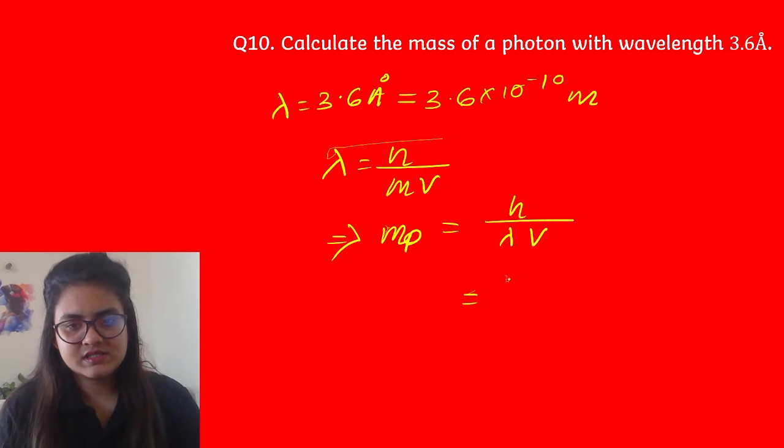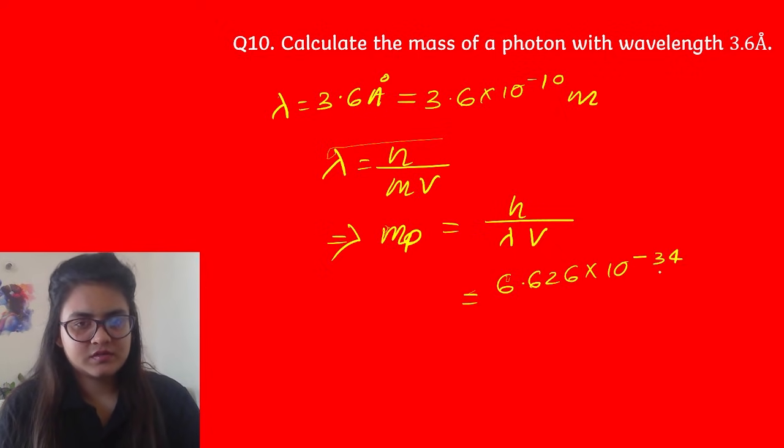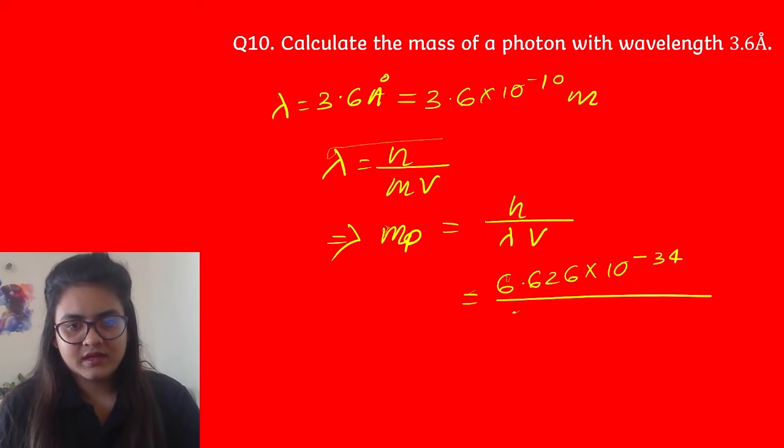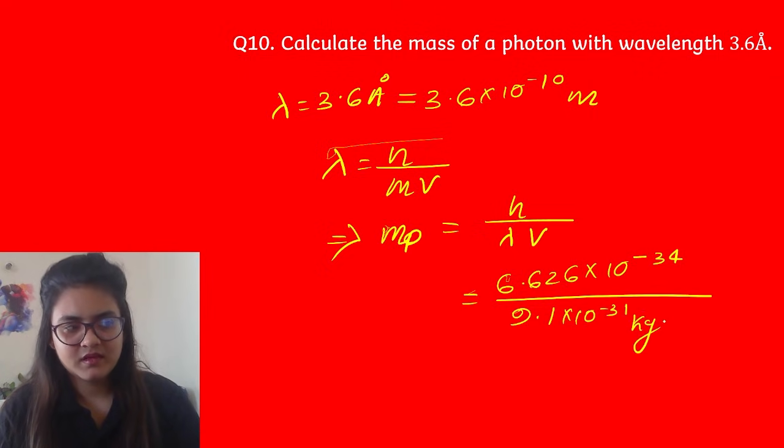So h is 6.626 into 10 power minus 34, divided by lambda into the mass of electron, that is 9.1 into 10 power minus 31 kg, into, here you have to put the velocity, right?